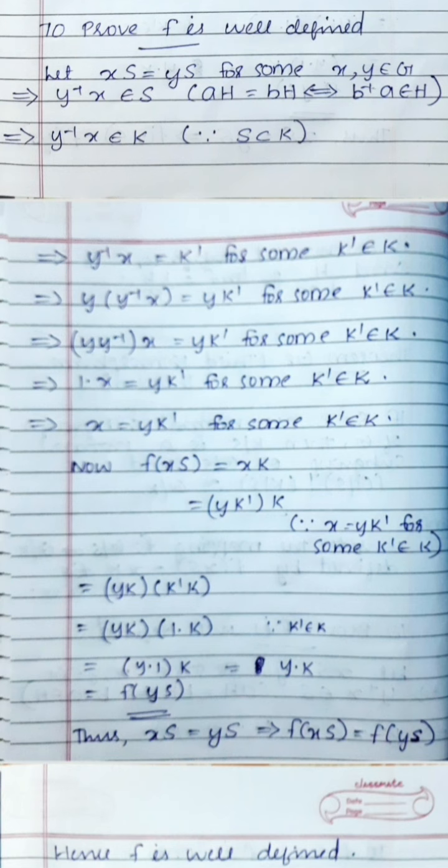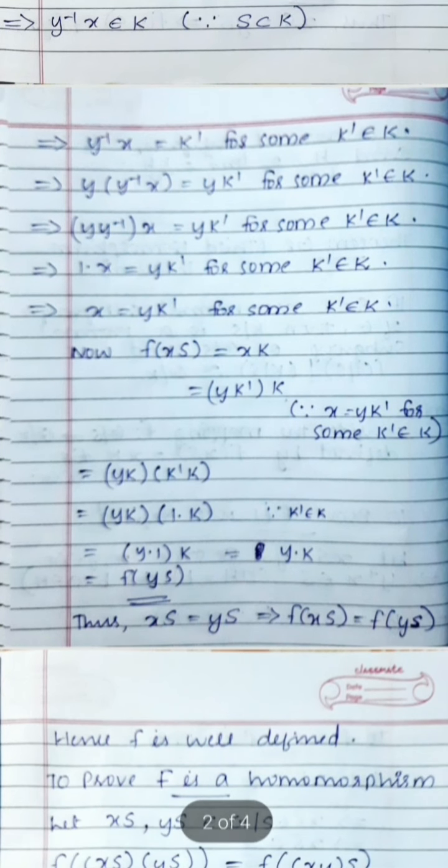So xK is equal to y k dash into K. Grouping similar terms, we know that this k dash belongs to K and x is equal to y k dash, that is y into k dash into K, and k dash into K is nothing but K.